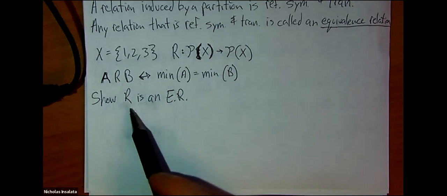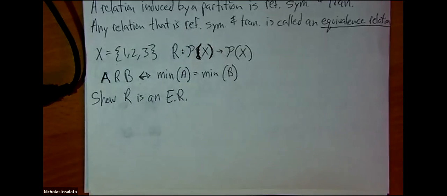Okay, so we want to show R is an equivalence relation, so we want to say it's reflexive, symmetric, and transitive. Why would this relation be reflexive? Can someone explain why that would be? Okay, A relates to A because the minimum of a set equals itself.